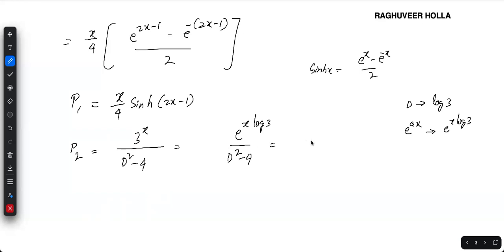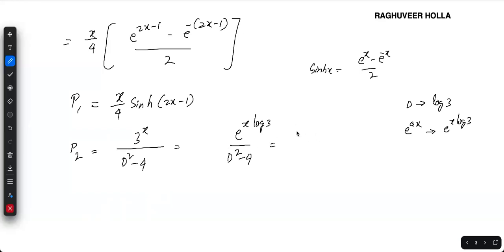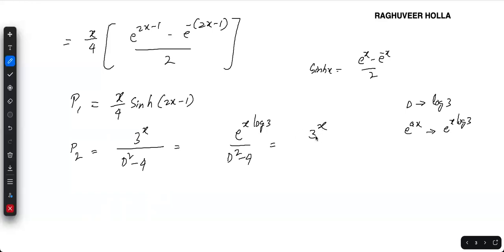Let us substitute it here. I'll replace this as 3 to the power of x again. So this is 3 to the power of x divided by log 3 whole square minus 4. So y is equal to yc plus yp.